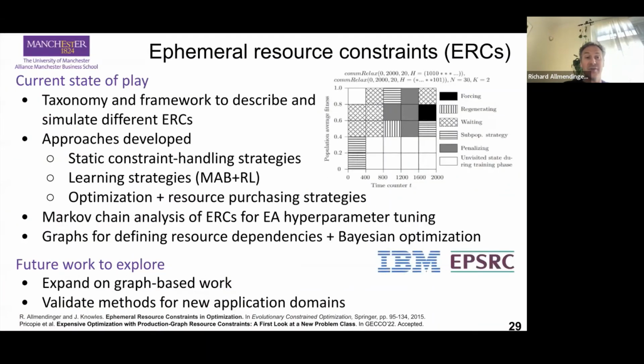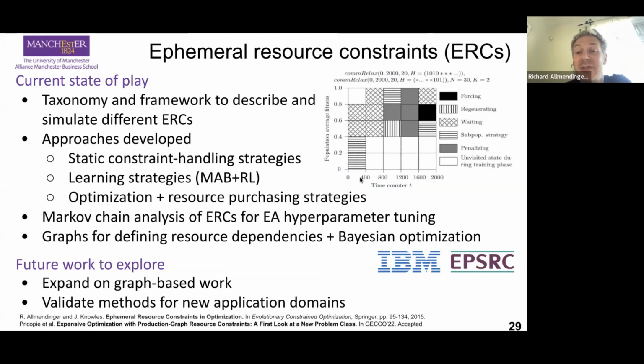So these are simple strategies, and we looked at whether we can come up with a more sophisticated strategy that tries to learn which of these simple strategies should be used during an optimization process. So we used reinforcement learning to learn essentially a strategy that switches between these different basic strategies.